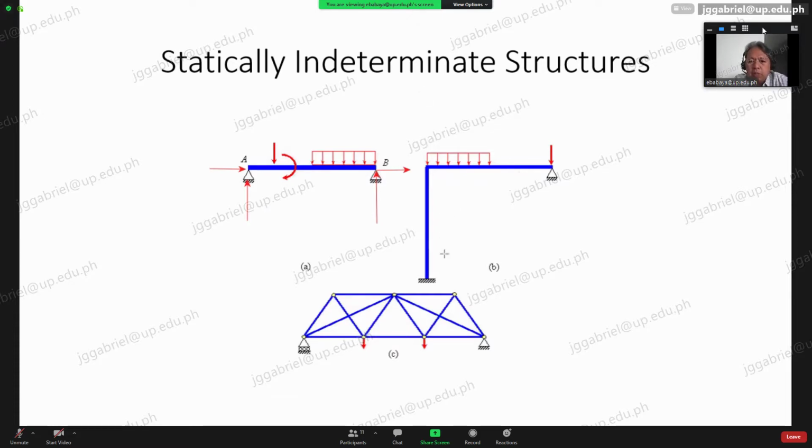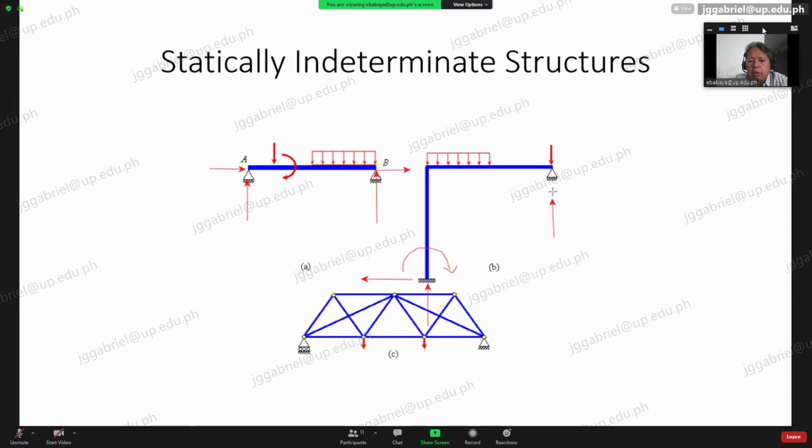Okay, what about this one? In here you have one, two, and then three. But then you have a pin support here, so more is added.